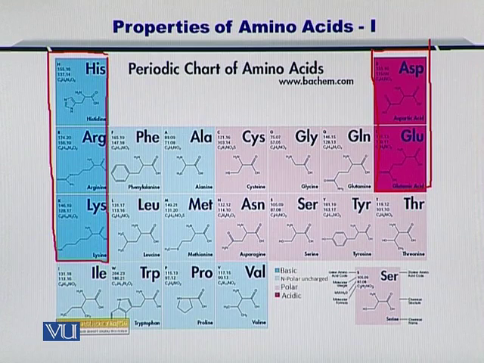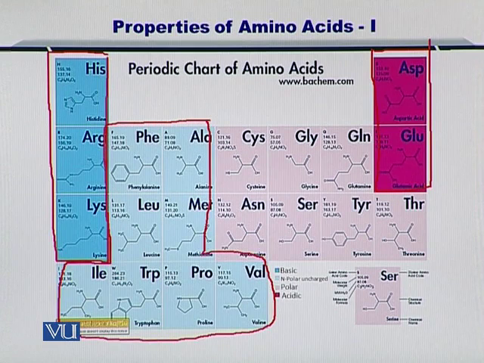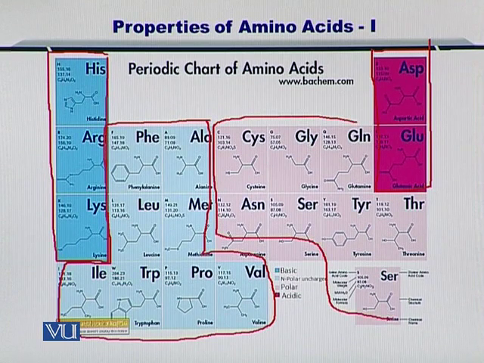Secondly, the non-polar amino acids are shown here, while the polar amino acids are described here. So this set of amino acids has its own unique properties, and therefore by just looking at the type of the amino acid, you can essentially try to predict the property of the protein as well.